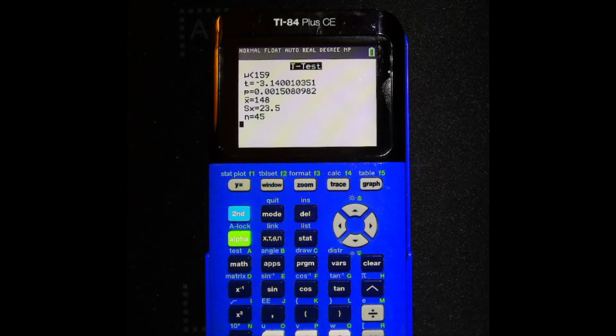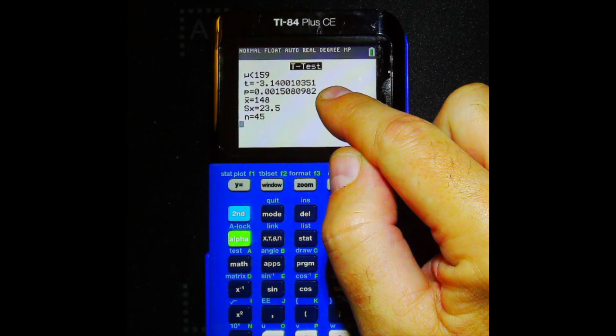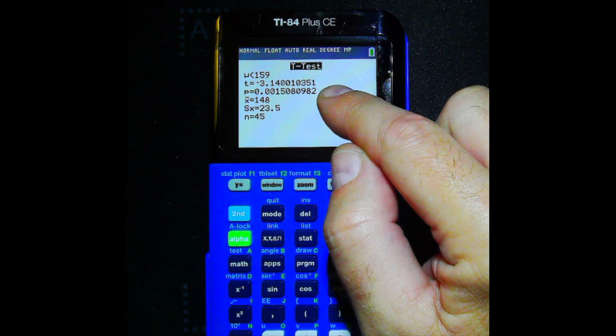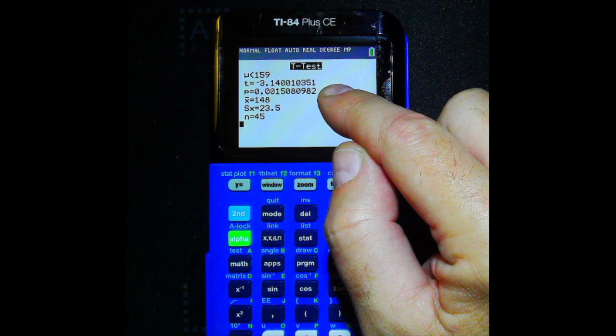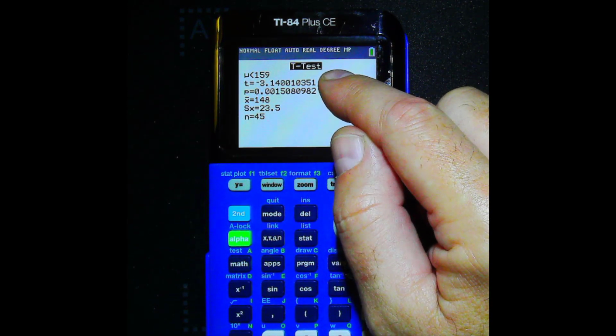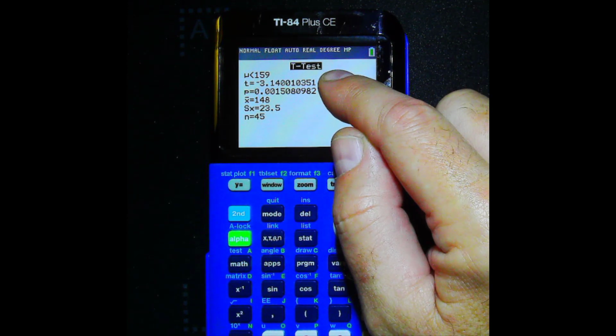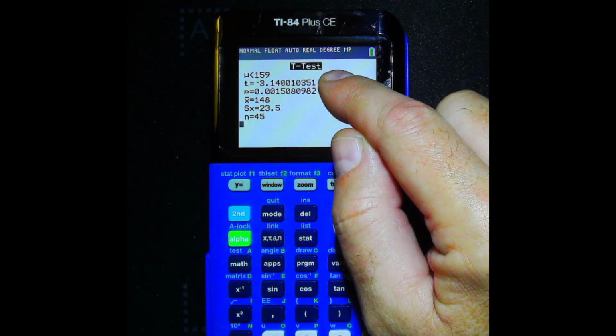You can see that the p-value is 0.0015. That's 1/10 of 1%. That's definitely less than 1%. Also note that the t-statistic is negative 3.14. That's more than 3 standard deviations below the mean.